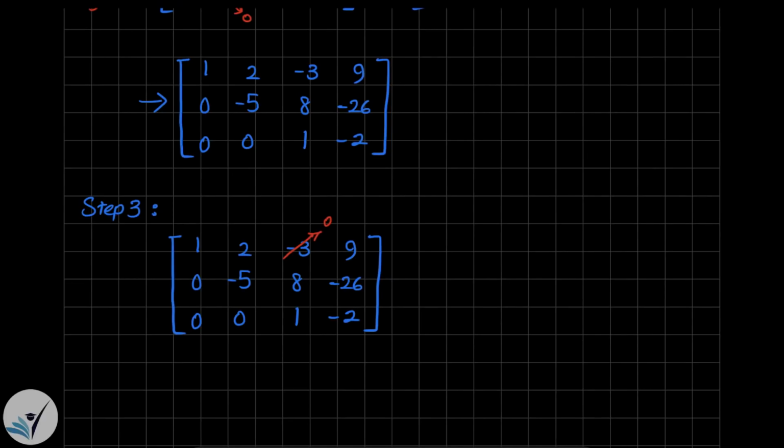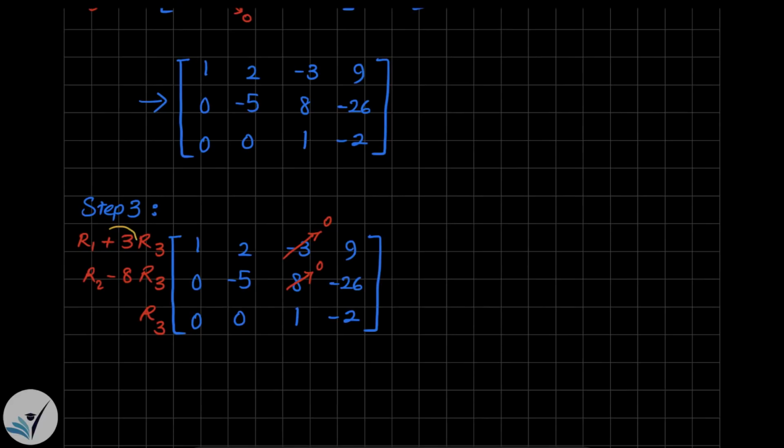So we replace the first row with R1 plus 3 R3. And also we need to transform this entry to 0. So we replace the second row with R2 minus 8 R3. We don't need to do any transformation on the third row, so the third row remains unchanged.